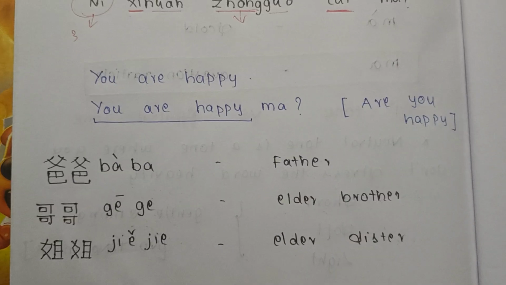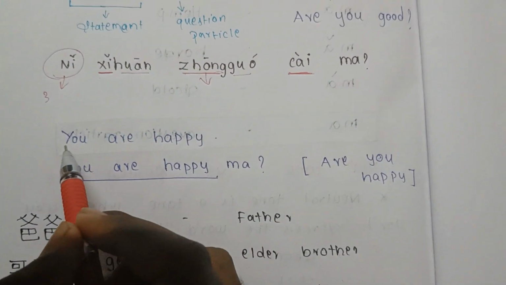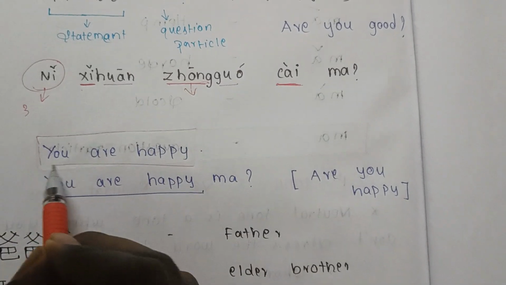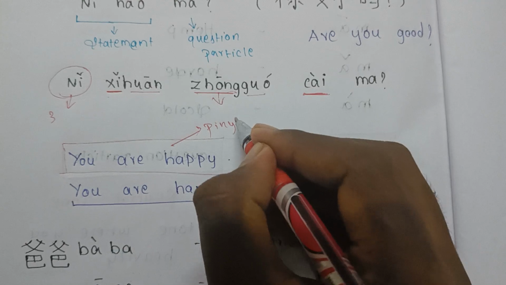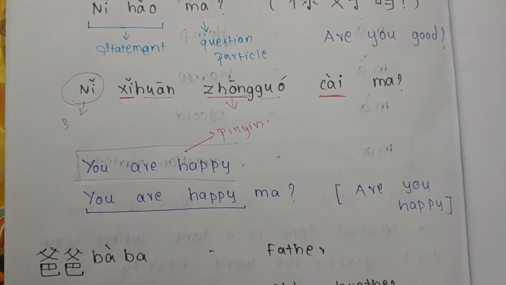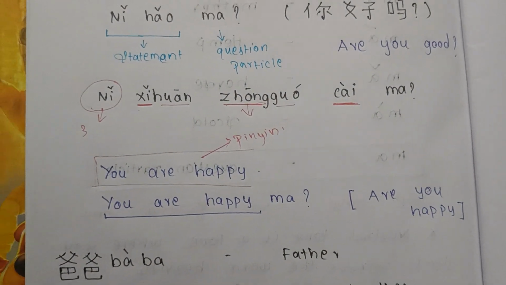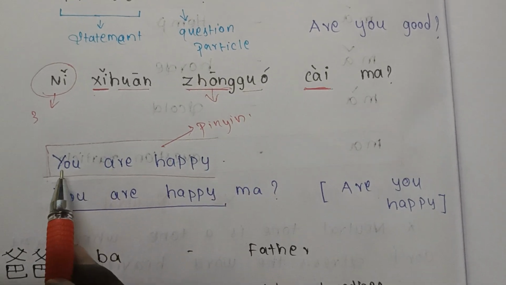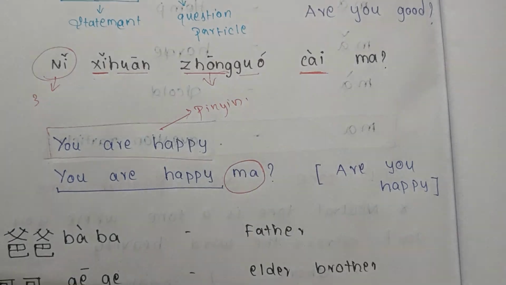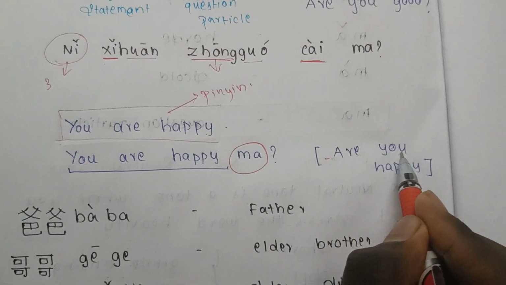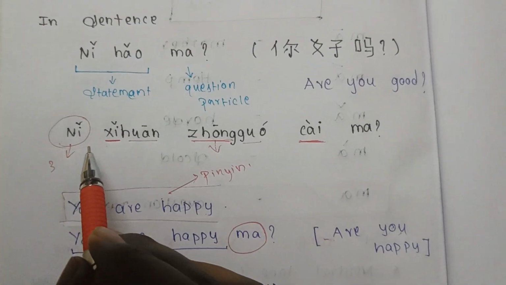If you're seeing these words as Chinese pinyin, right now you don't know pinyin, so think of this as full pinyin. Okay, you are happy. If you add a ma, it will become are you happy? Like that only.